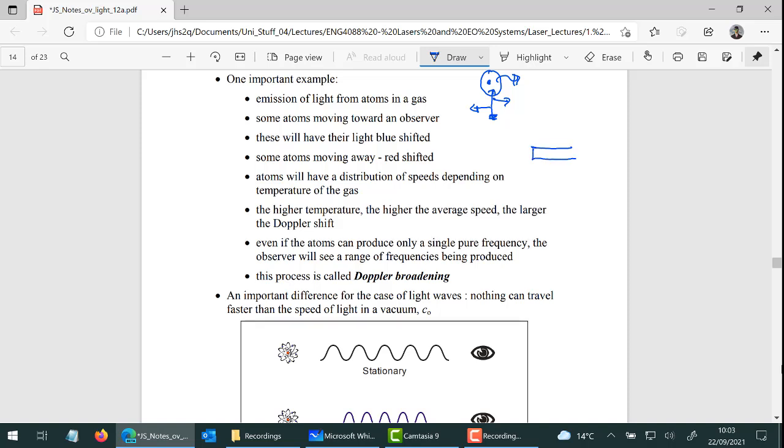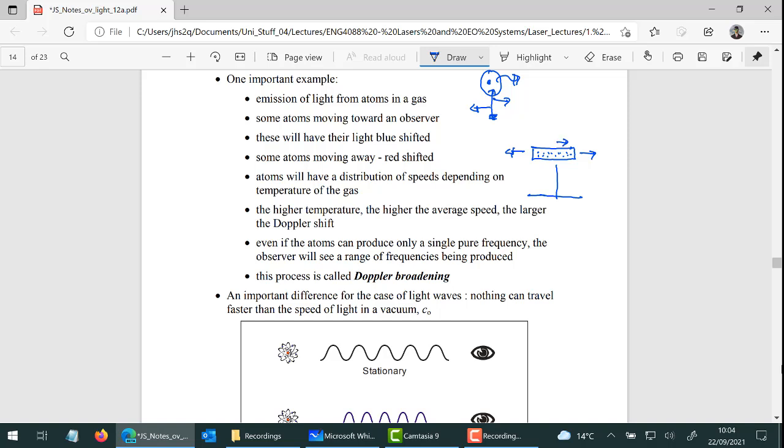Ideally, what we want for a laser is one single pure frequency. But if we imagine we've got our laser box, let's suppose it's just a black box and the light's coming out in both directions or in one single direction, and if it's a gas laser, in other words, if we're using a gas like neon to produce the light, then this distribution of movements that we expect in the gas will give us a distribution of frequencies coming out.